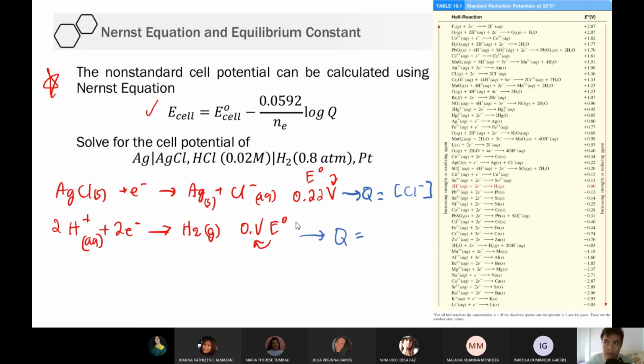So hindi na siya separate equations. Wala na tayong Kc, Kp dito. Instead, you just combine the two, whether that's pressure or ions, okay? So that means yung numerator natin naka-gas form yan. So ibig sabihin that's the pressure of hydrogen gas. And yung denominator, hydronium ion concentration yan. So H plus squared yan.